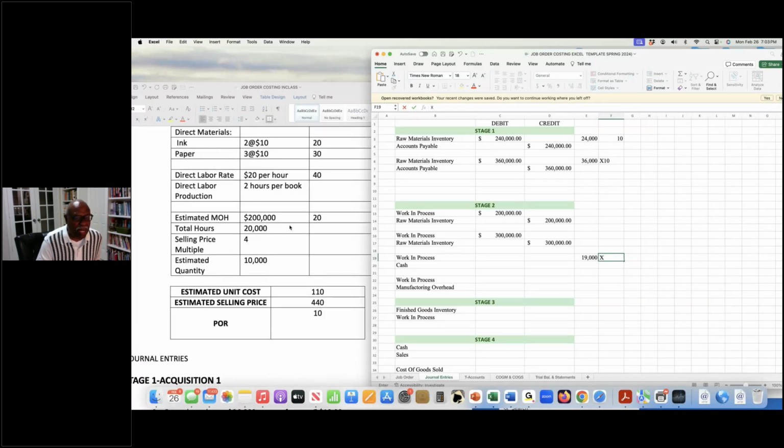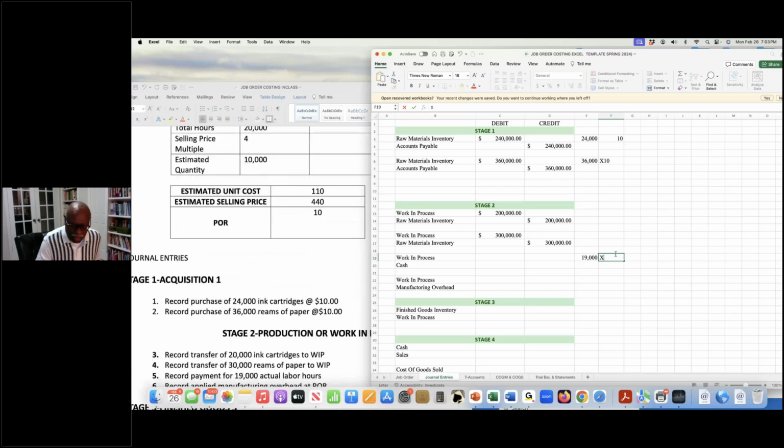Wasn't it $20 per hour? So we'll use that $20. So what's 20 times 19,000? 380,000.